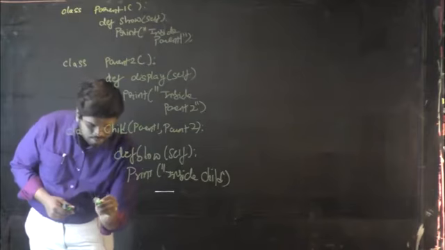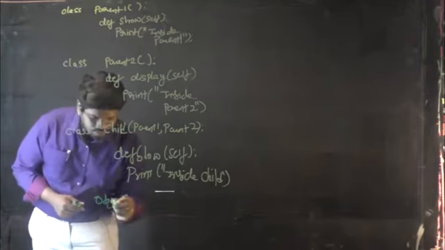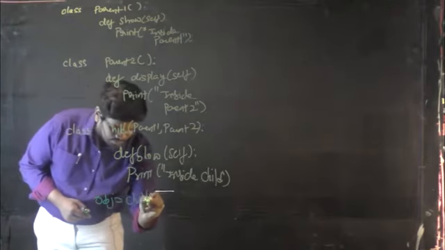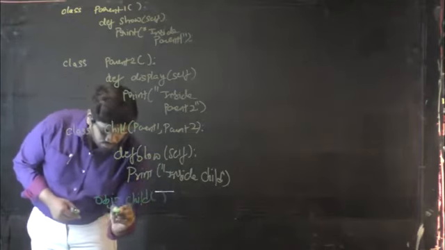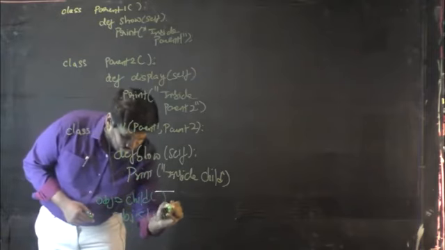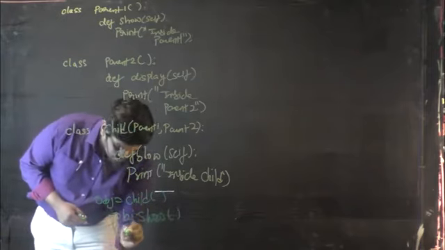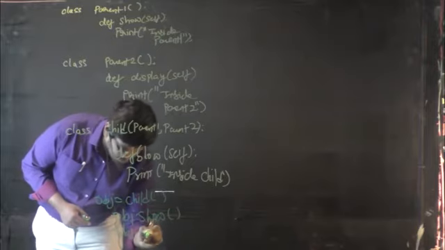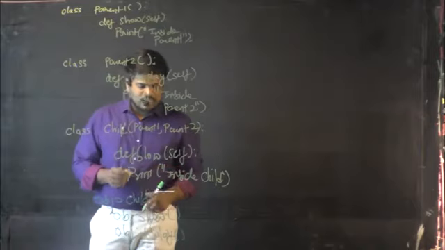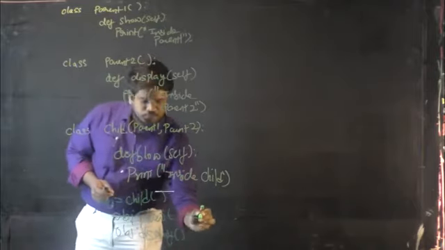So I'll create one object, obj is equal to child. So obj dot show, obj dot display. As a result, it will give me an output.